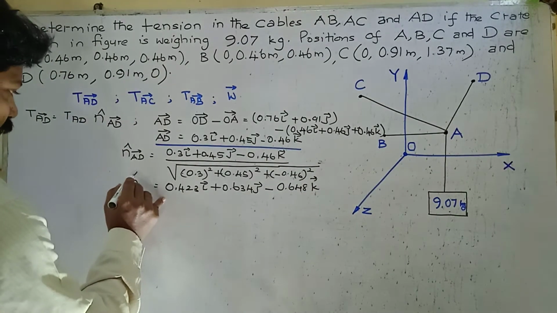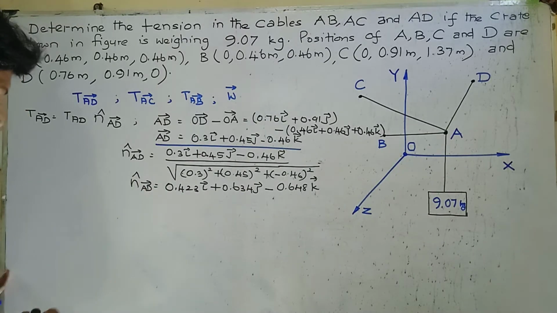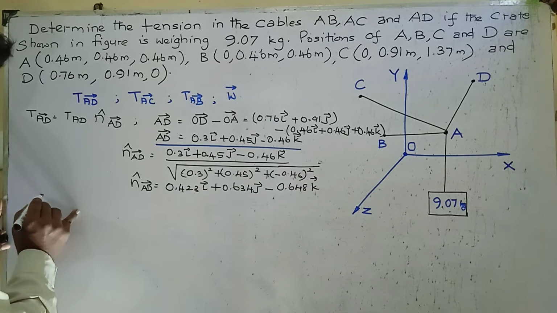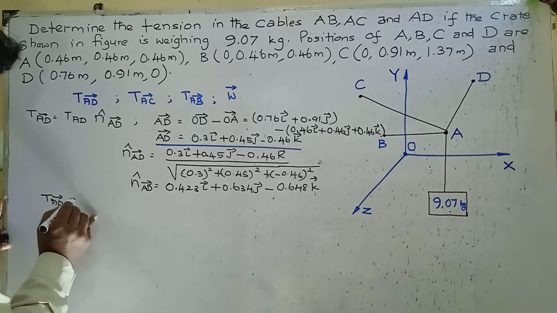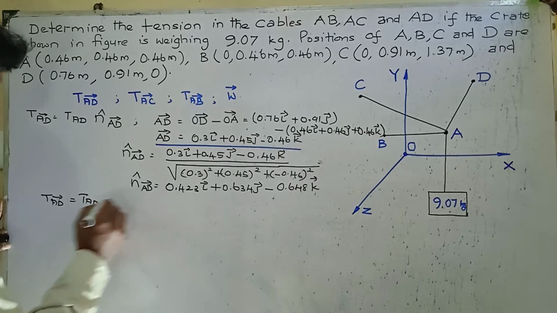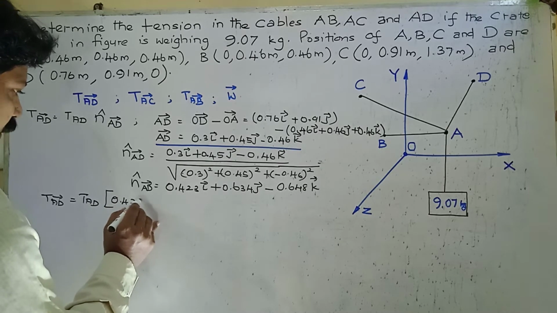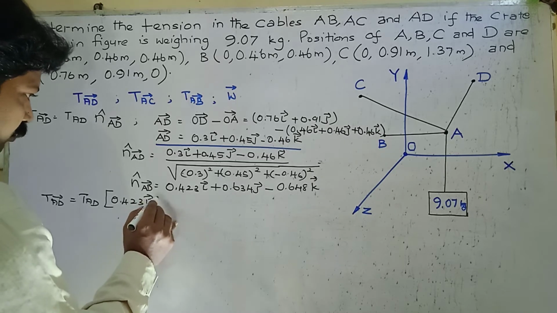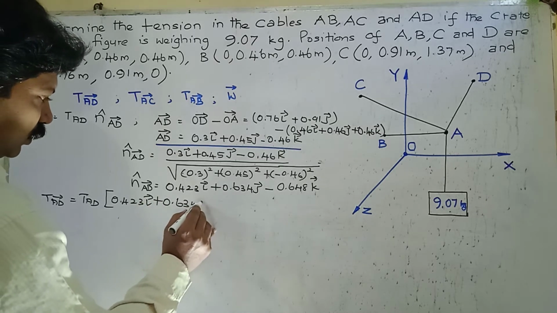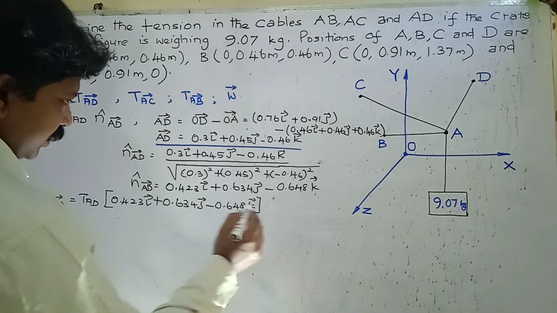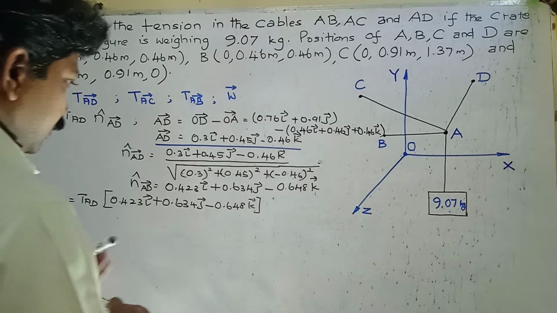So TAD vector equal to TAD into n cap of AD vector. So TAD into 0.423 i vector plus 0.634 j vector minus 0.648 k. This is our equation 1.